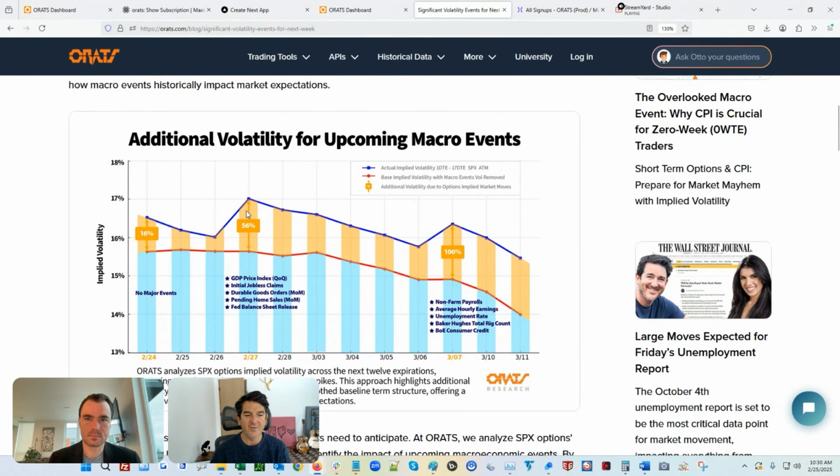So for example, if you could have done this Friday, you might have sold this month, or it depends. This looks actually cheap, whereas this 106 could have been expensive for non-farm. So you might have purchased the 6th and sold the 7th, or bought the 11th and sold it.